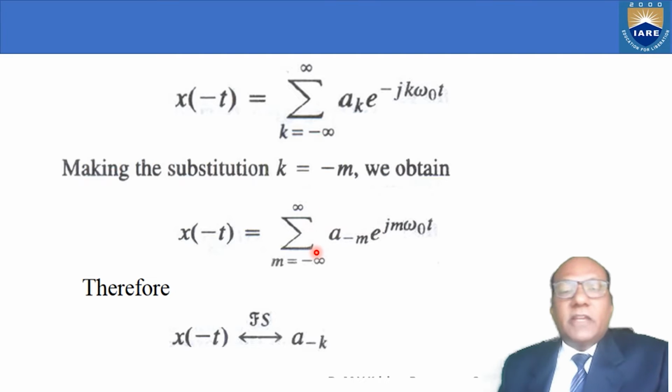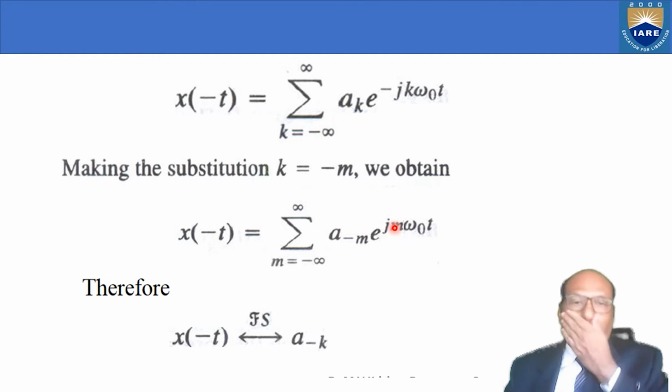It is only a sign reversal. Now I have the minus m th coefficient a, and this minus k becomes plus m here.